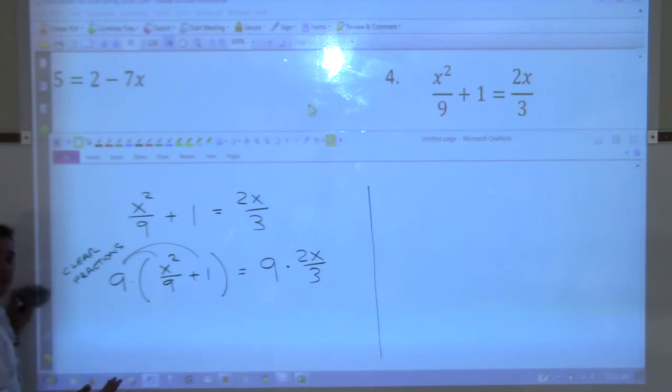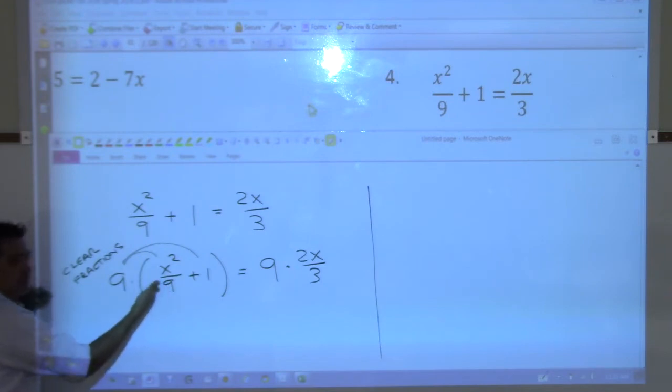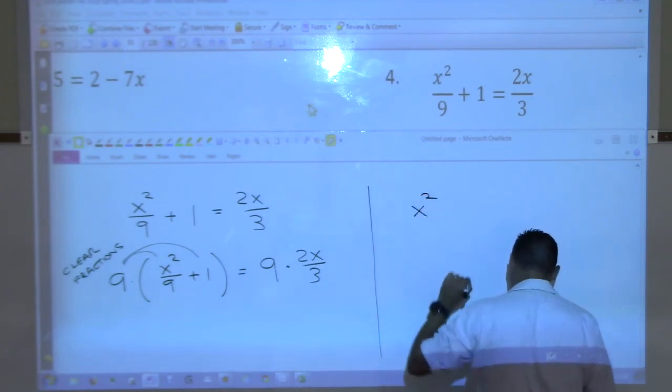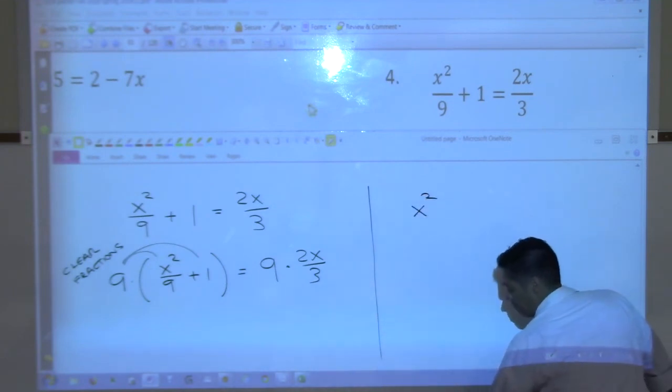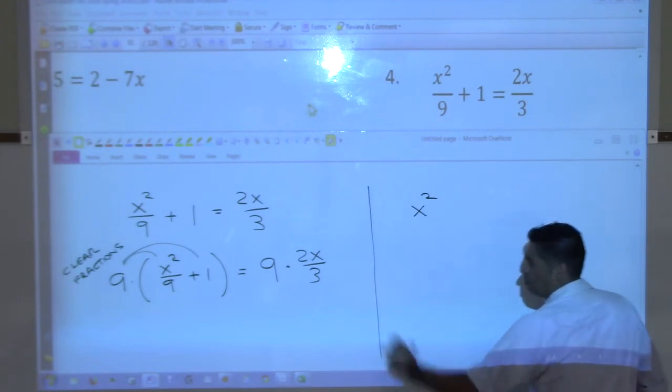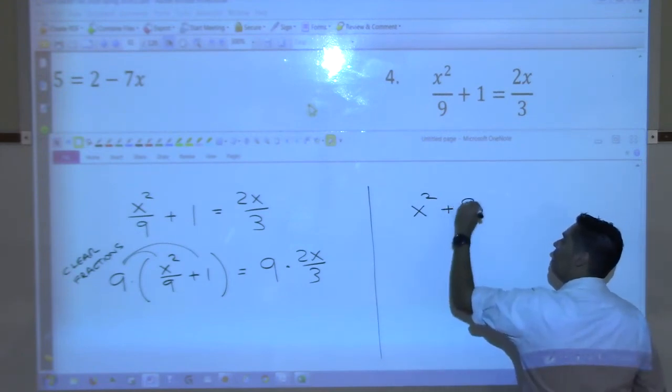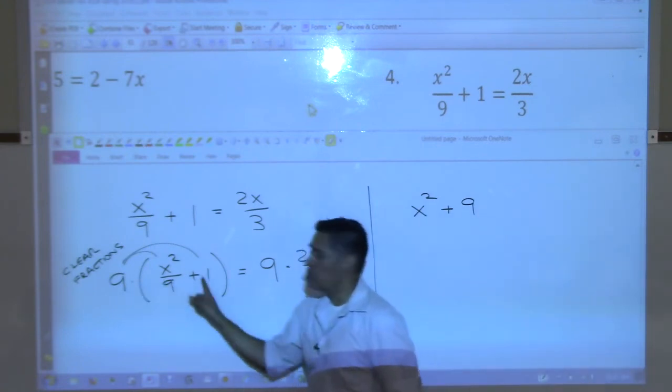That's the whole idea. That's the reason we're doing it. So the 9s are going to cancel, and all you'll be left with there is the x squared. Now keep distributing there, David, because we've only done the first multiplication through the parenthesis. So what would come on the next one through? Plus 9, right? Because you're going to be doing 9 times 1.